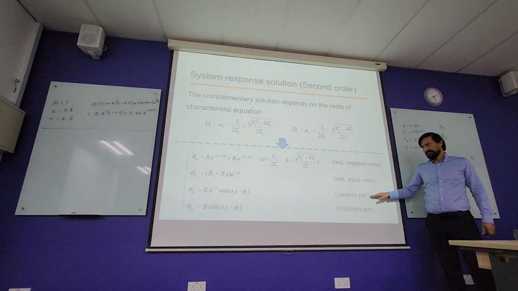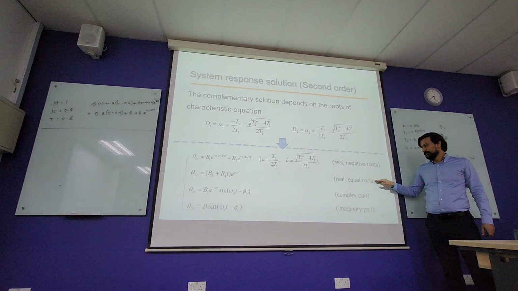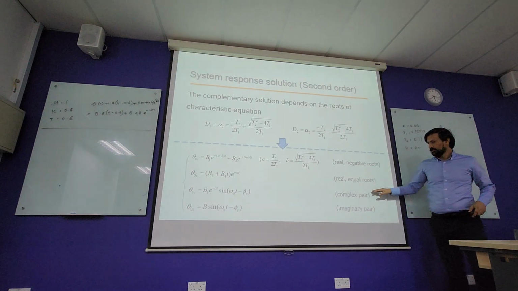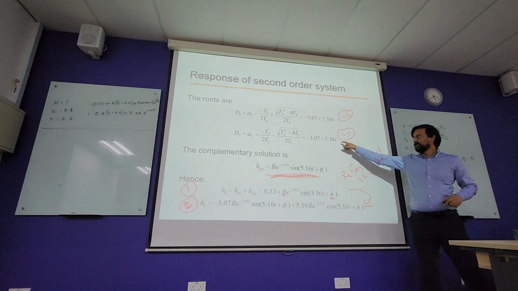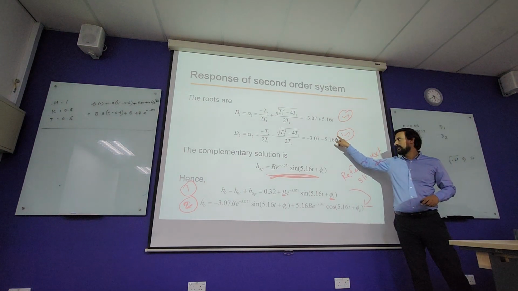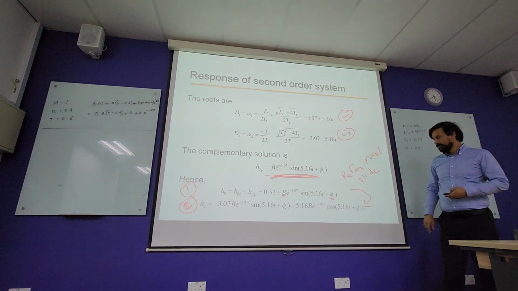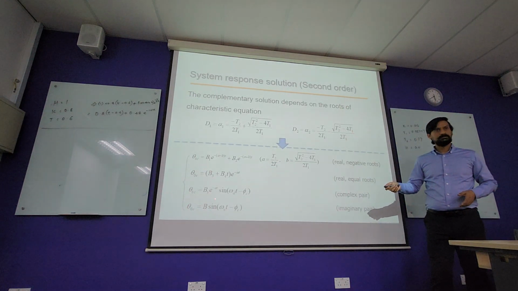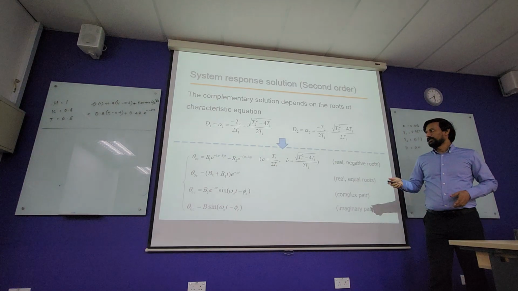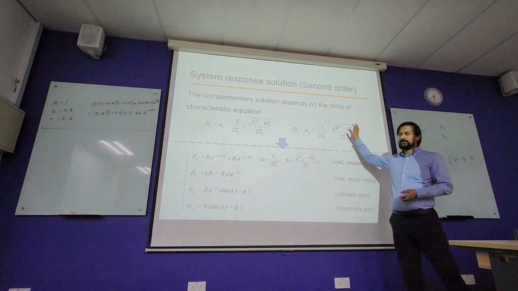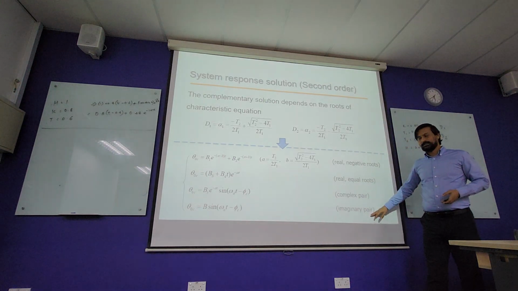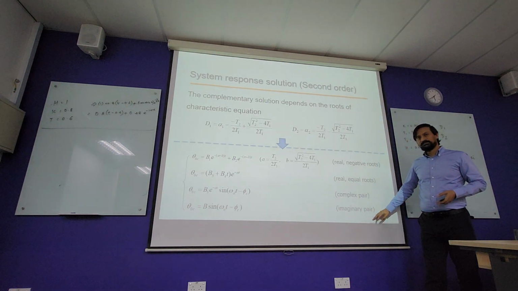Whether it's complex, real equal roots, negative roots or imaginary. Complex is when you get minus under the square root, giving i. Then we need to use this formula to calculate. For the complementary solution, first we do this step, then based on how the values come out, we can choose either one of these formulas.